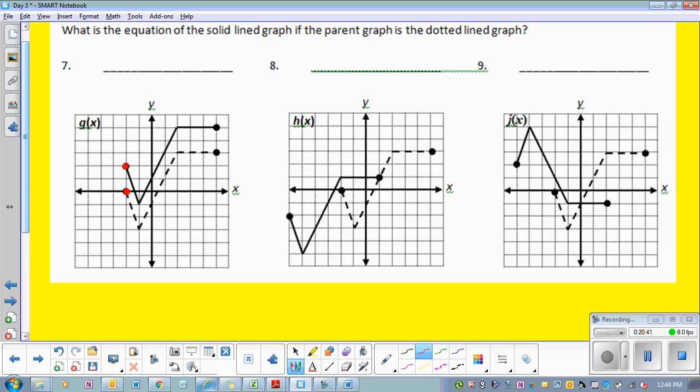So from the dotted one, how did it go to become the solid line point? From the dotted to the solid. Up to. And it looks like they all did that, right? Okay, so then that's it. Did it stretch? No. Did it get wider? No. So this is g of x. So you would say g of x, how would you write up 2? Plus 2. Does that make sense?